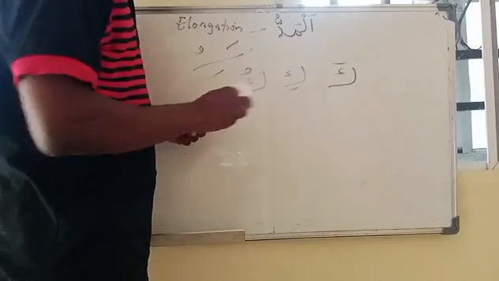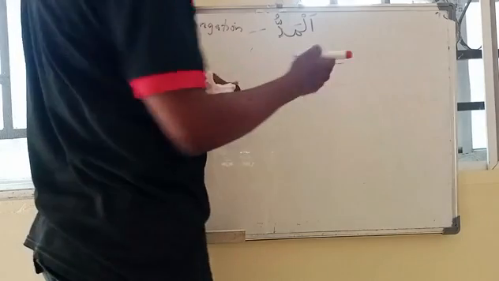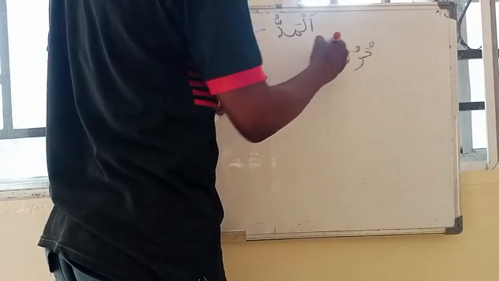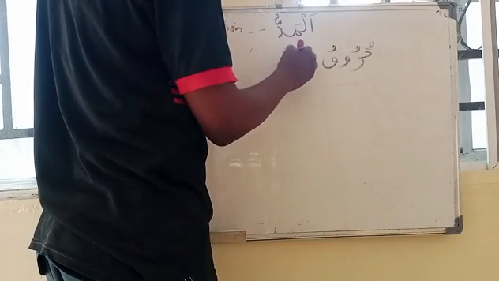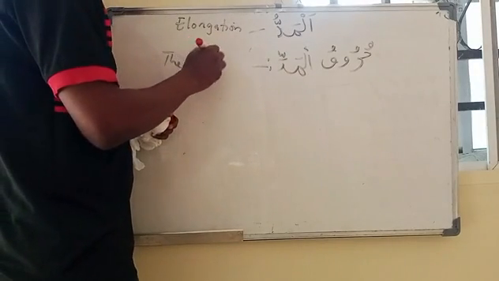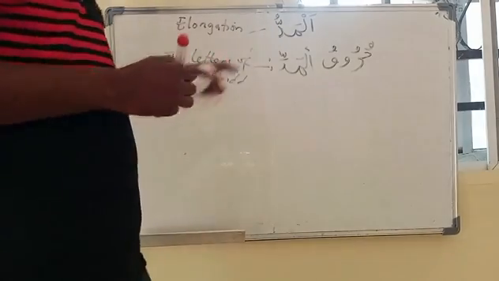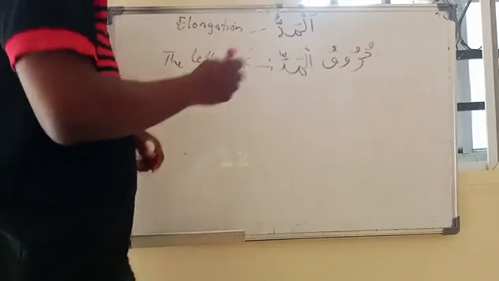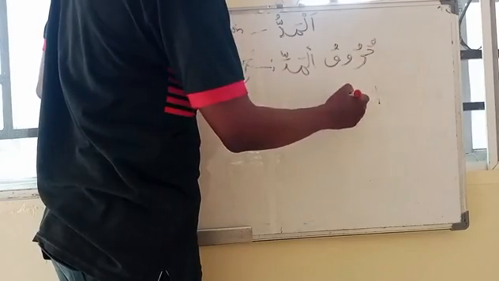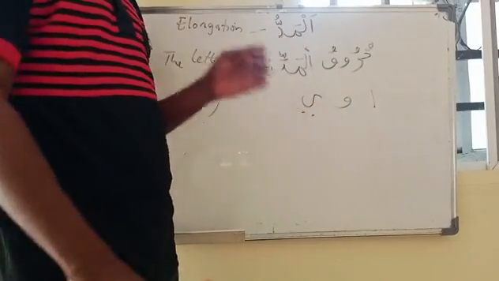To introduce a mother, there are certain letters we call huruful maddi, the letters of madda. These huruful maddi are three letters: the alif, the waw, and the ya.